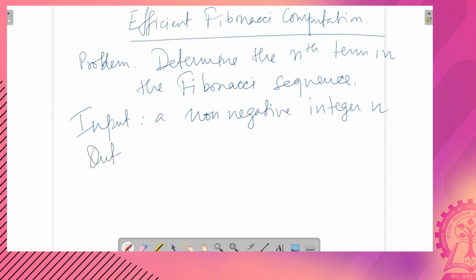Output: the nth Fibonacci term. The iterative version may be called efficient fib.